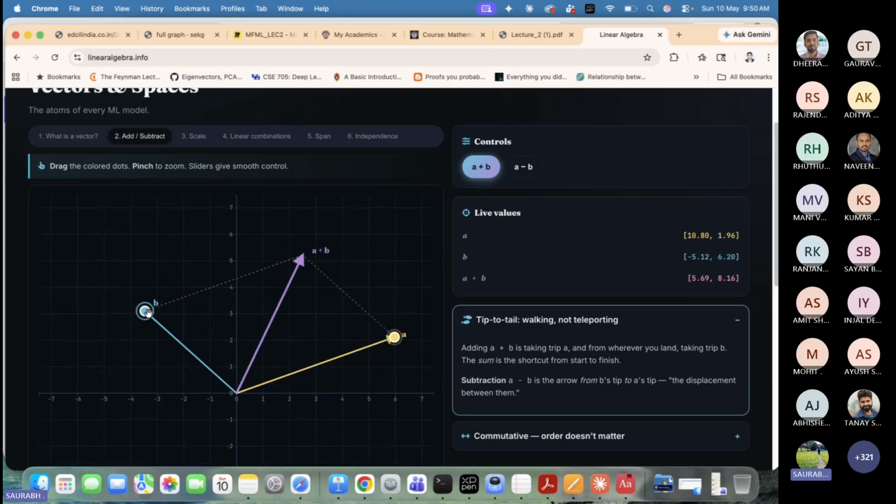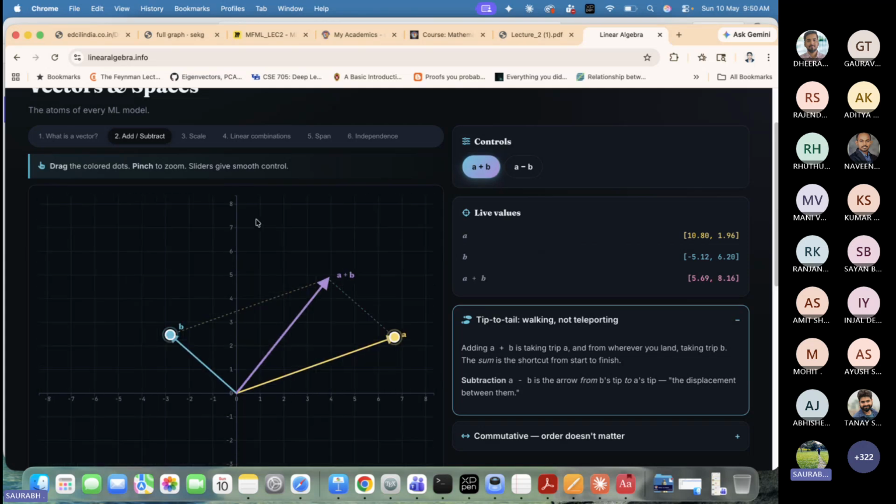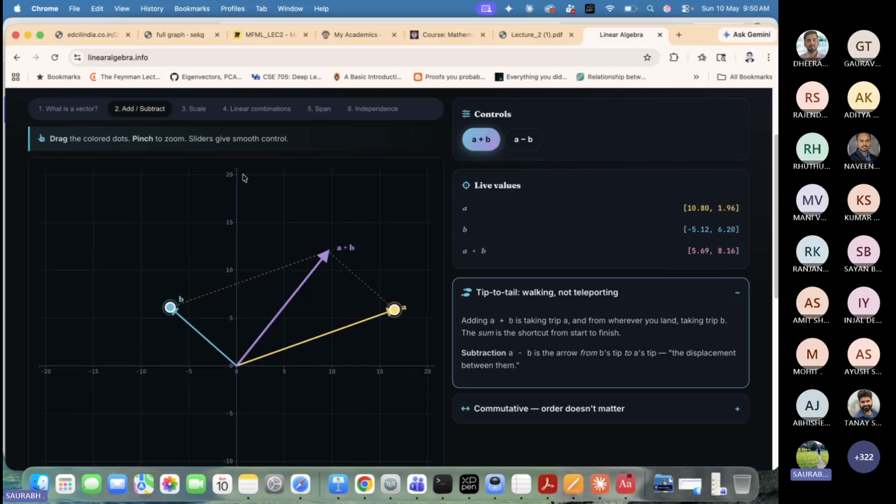See all the new positions that this vector is able to traverse to. Now think of this as your park. You are not bounded to go anywhere, so you can travel to any point. You can take steps. You are starting from here. You can go to this point.